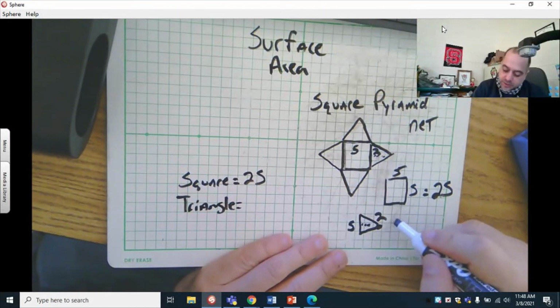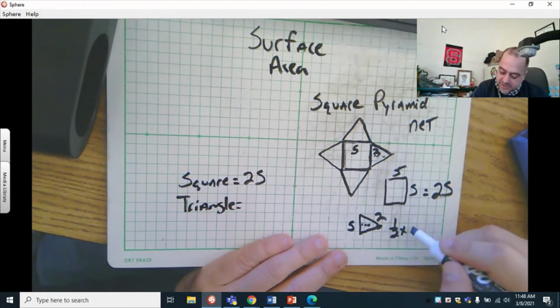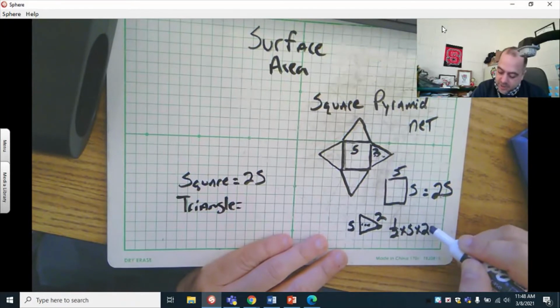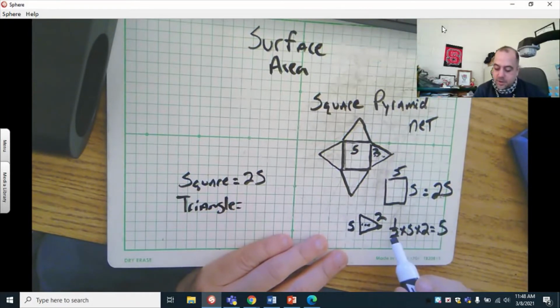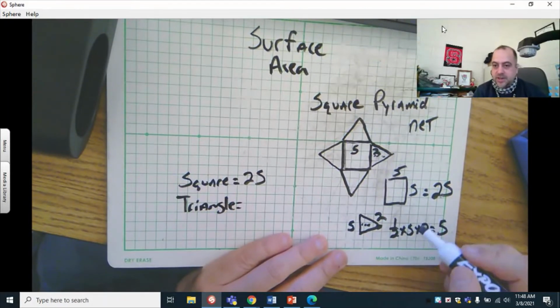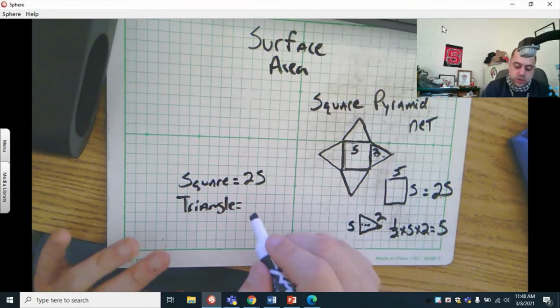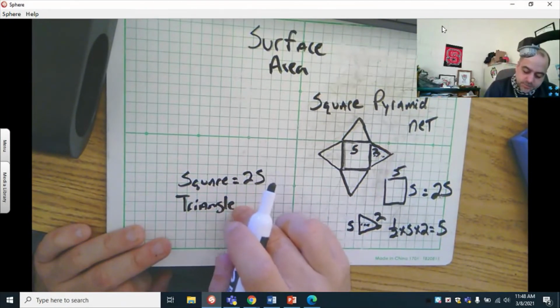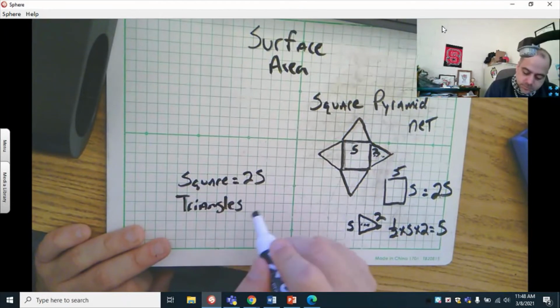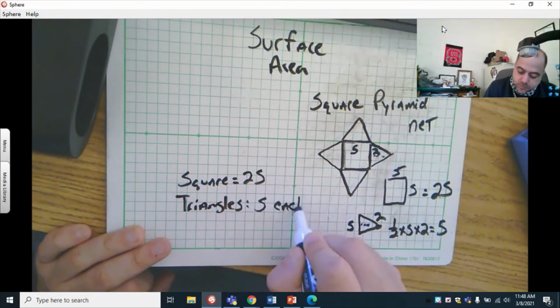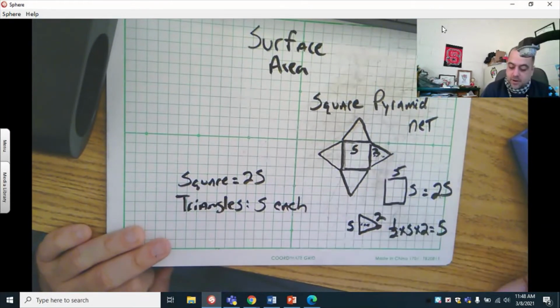Right? So it's 1/2 base times height. And that equals 5. Half of 5 times 2 is 5. So the triangles are 5 each, right? Each one of these has an area of 5.